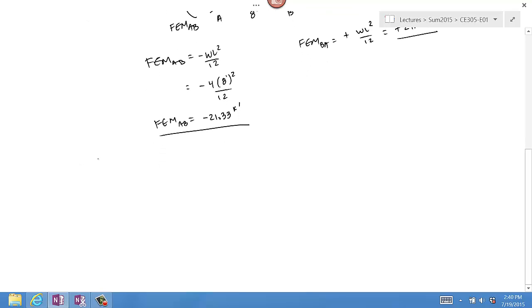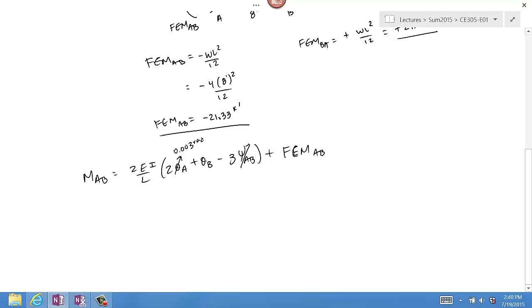Now we can write out our slope deflection equations. We write out MAB is 2EI over L, 2 theta A plus theta B minus 3 psi AB plus fixed end moment AB. Theta A is 0.003 radians. Theta B is an unknown.